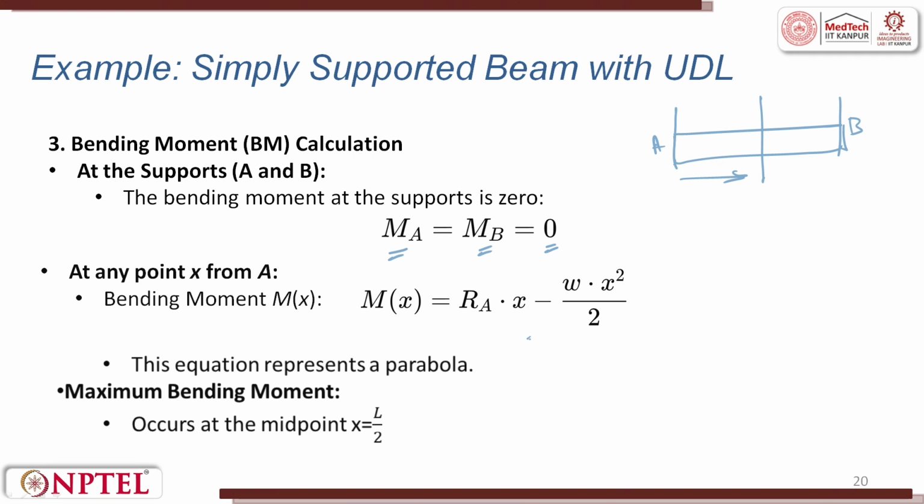This is a simple equation for a parabola, and if you solve it, you get a parabolic representation, something like this. The maximum bending moment occurs at the midpoint where x equal to L by 2.